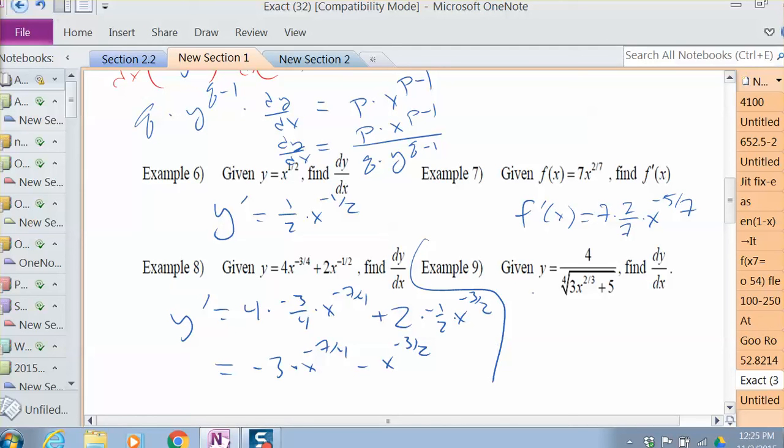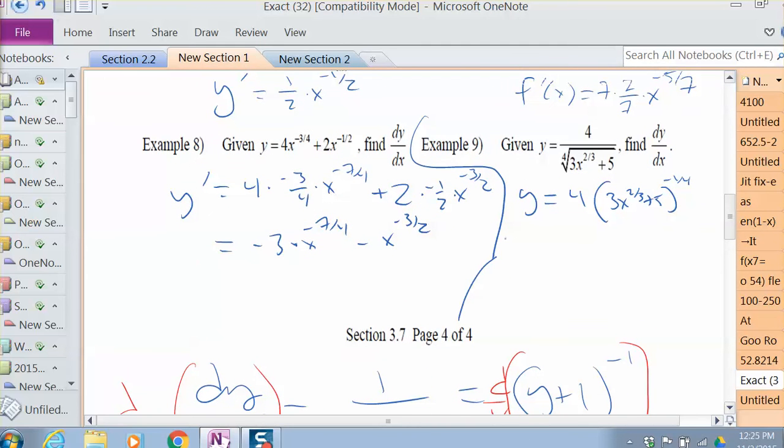And lastly, I'll probably rewrite this one as 4 times (3x to the 2/3 plus 5) raised to the negative 1/4 power. So y prime is 4 times negative 1/4, times (3x to the 2/3 plus 5) to the negative 5/4, times the derivative of the inside, which will be 3 times 2/3 times x to the negative 1/3 plus 0.